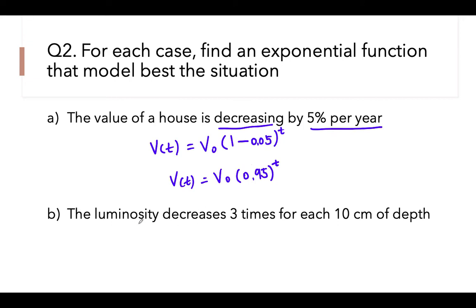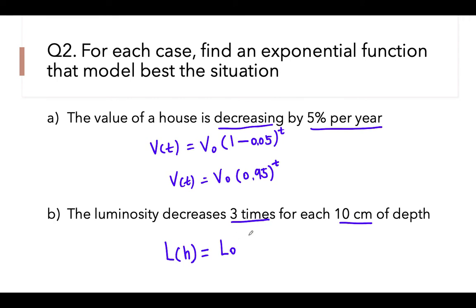Letter B. So luminosity decreases 3 times for each 10 centimeters of depth. I will talk about the luminosity formula in just a minute, but let's say the final luminosity depends on the given time, let's say hour, and then the initial luminosity.